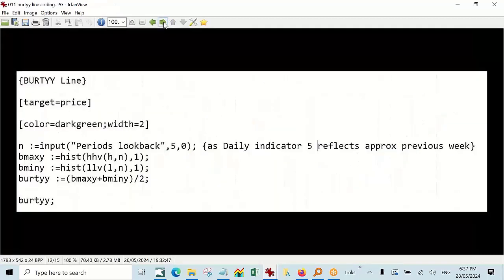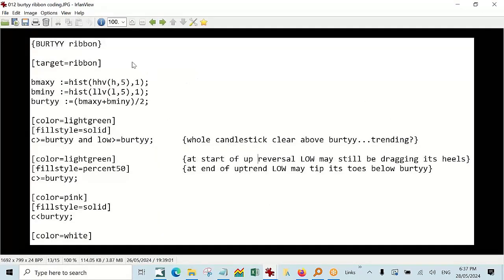What are we up to here? Oh, so that's the actual formula for the Burtyy, and that's the formula for the ribbon below. Define the Burtyy again. Color right green: the close is above and the low is above. The whole candlestick is clearly above the Burtyy. Could be trending upwards. Light green, 50%: the close is simply above the Burtyy, the low isn't.